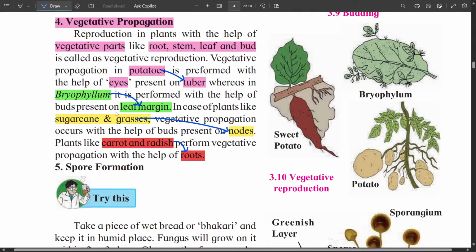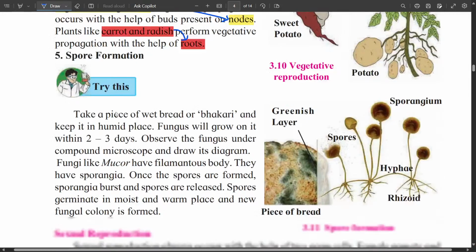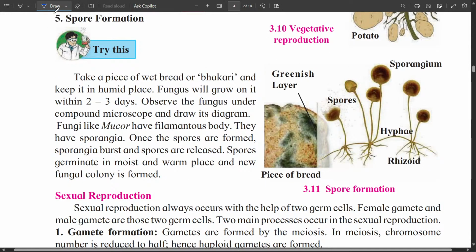So these are the different vegetative parts: the tuber for potato, leaf margin for bryophyllum, nodes for sugarcane and grass, and roots for carrot and radish, from which they perform vegetative propagation. And this is the fourth type of asexual reproduction in multicellular organisms. The last type is spore formation.